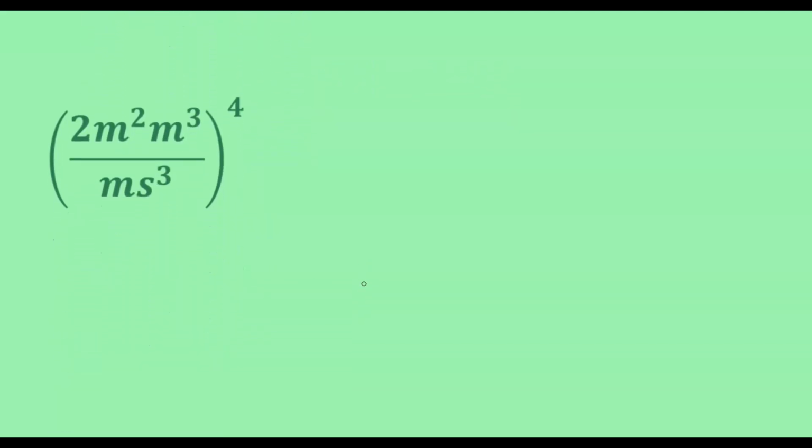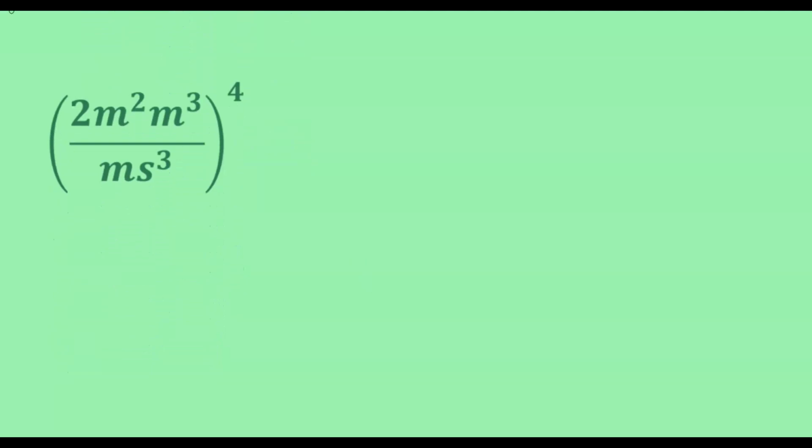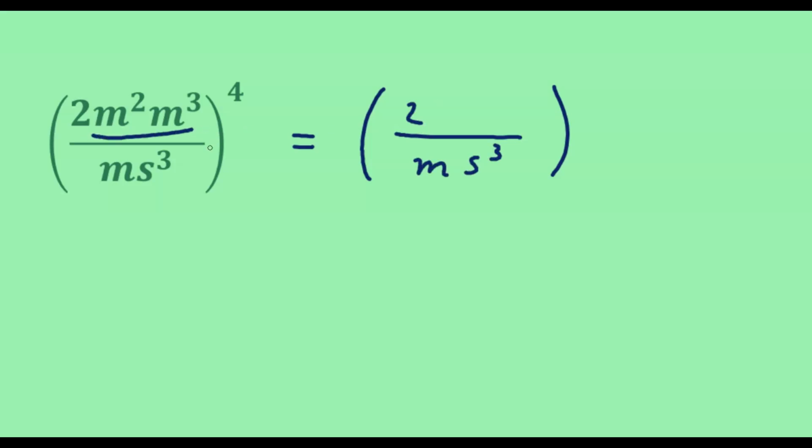Now let us move on to the next problem. We have 2m to the power of 2 times m to the power of 3 divided by m times s to the power of 3, and the entire thing is raised to the power of 4. So let us work on the expression inside the parentheses. First of all, let us leave the denominator alone, and let us work on m to the power of 2 times m to the power of 3.